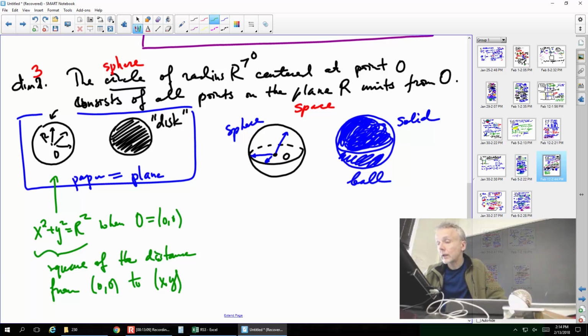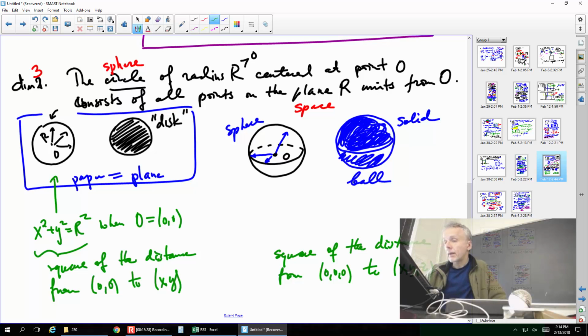And so then what we're interested in is, once again, the square of the distance from 0, 0, 0, that's where we place the center of our sphere, to xyz. And what is it equal to? X squared plus y squared plus z squared is equal to r squared.